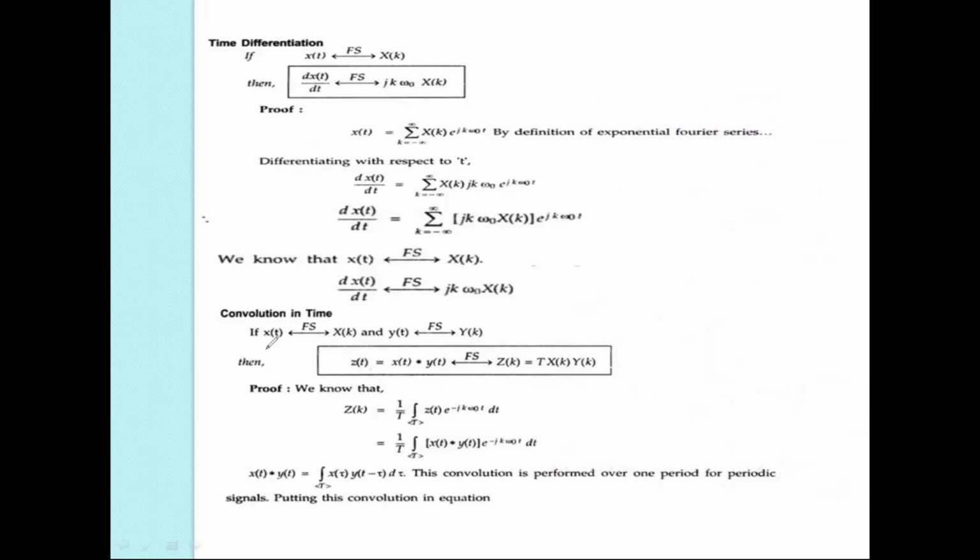Coming to the convolution in time, we are using the convolution integral formula. What is the convolution integral formula? The integral of x of tau, y of t minus tau d tau.